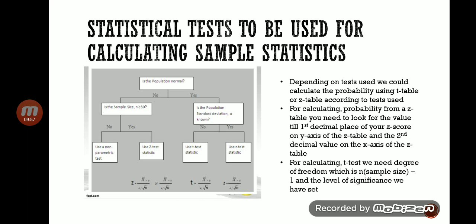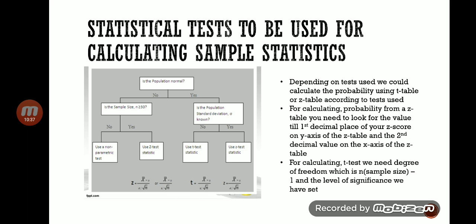So for calculating the probability we use the z-table. In the z-table, on the y-axis you have to refer to the z-score till the first decimal position, and on the x-axis you have to refer to the second decimal position of the z-score, and using a combination of both we'll get a probability value, which is also known as p value, which is the probability of that event occurring in that sample distribution.